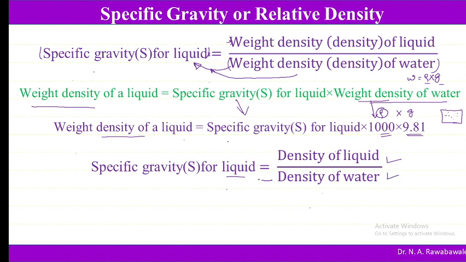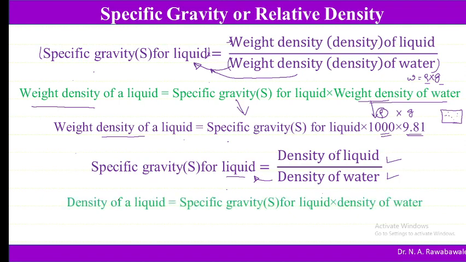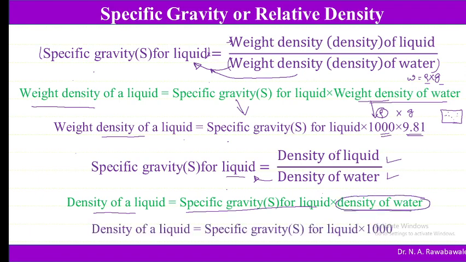So if we transfer this density of water to the left hand side, then density of liquid is equal to specific gravity into density of water. So density of liquid is equal to specific gravity of liquid into density of water. This density of water is known to us, which is 1000. So density of liquid is equal to specific gravity for liquid into 1000, which gives mass density, and this gives us weight density. So here we get weight density, here we get mass density if we know specific gravity of that substance.